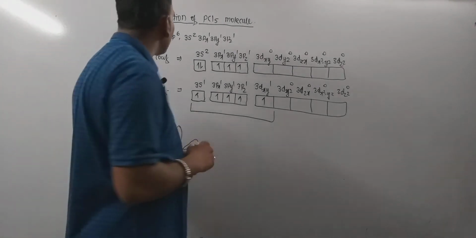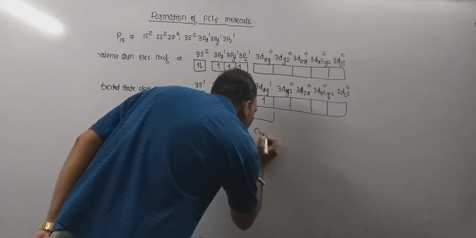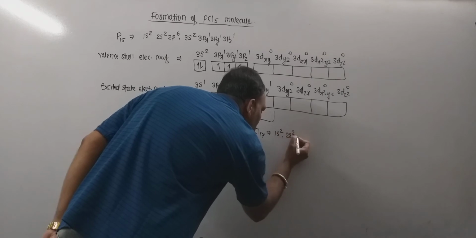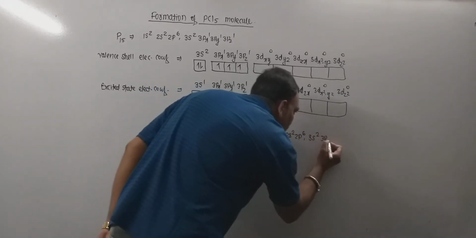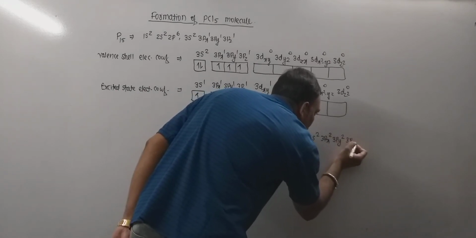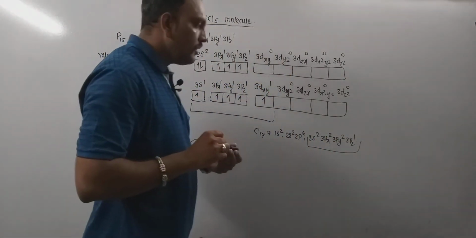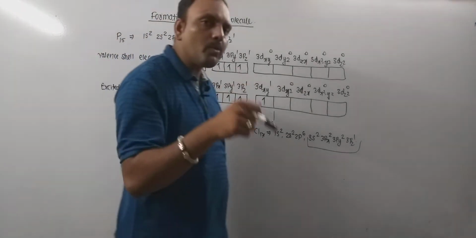Now it's the turn of what? Chlorine. We know very well that the atomic number of chlorine is 17. Its electronic configuration is 1s2, 2s2, 2p6, 3s2, 3p5, that is 3px2, 3py2 and 3pz1. Now this is the valence shell of chlorine, and in the valence shell the 3pz orbital contains an unpaired electron, so it has a right to undergo overlap.